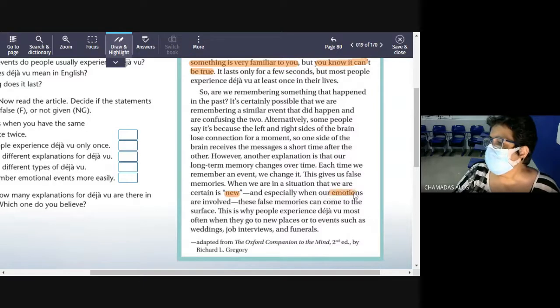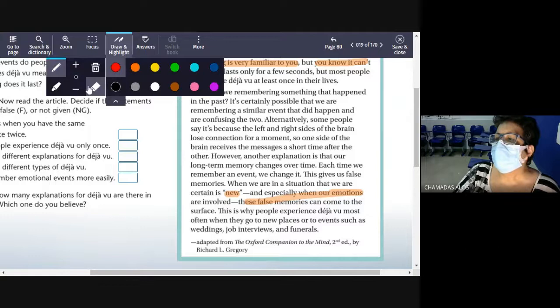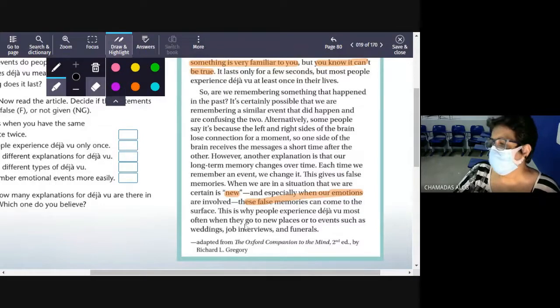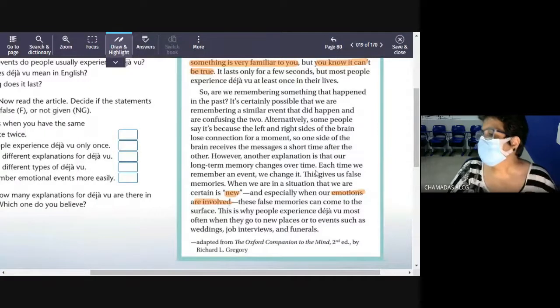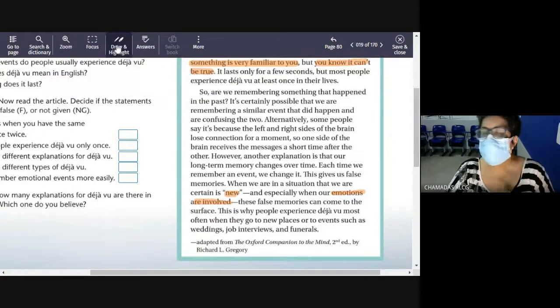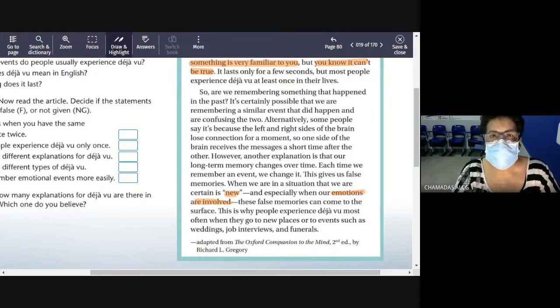Or when our emotions are involved. So this usually happens at weddings, funerals, situations like that. So emotions are really high, okay? So we have those feelings. So, new situations and emotions, okay?